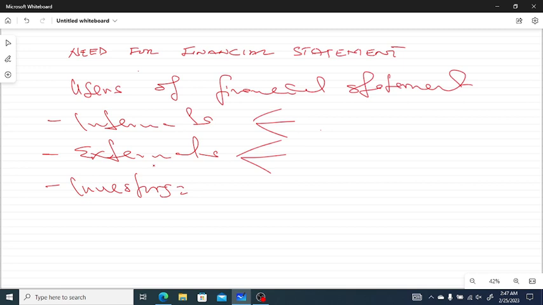In the case of shareholders in a company, this decision involves whether to buy, hold, or sell shares in that company, because before they make any decision concerning this, they have to read and use the financial statement in order to make an informed decision concerning these three things.